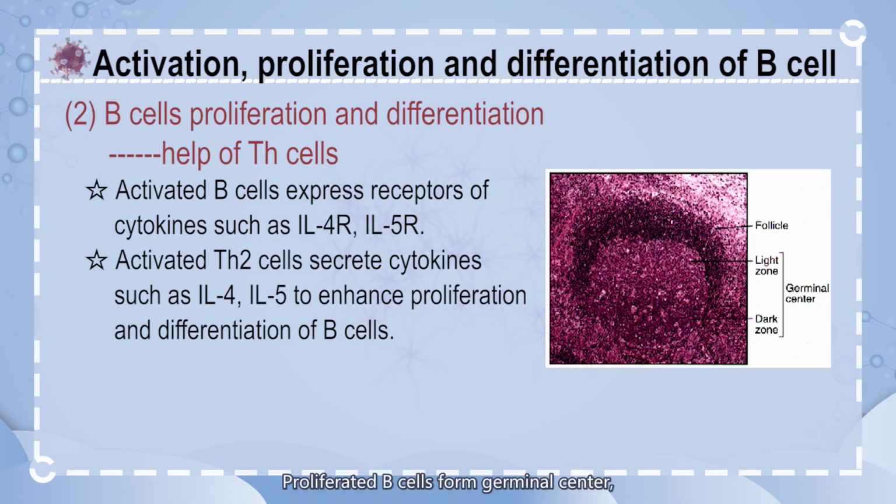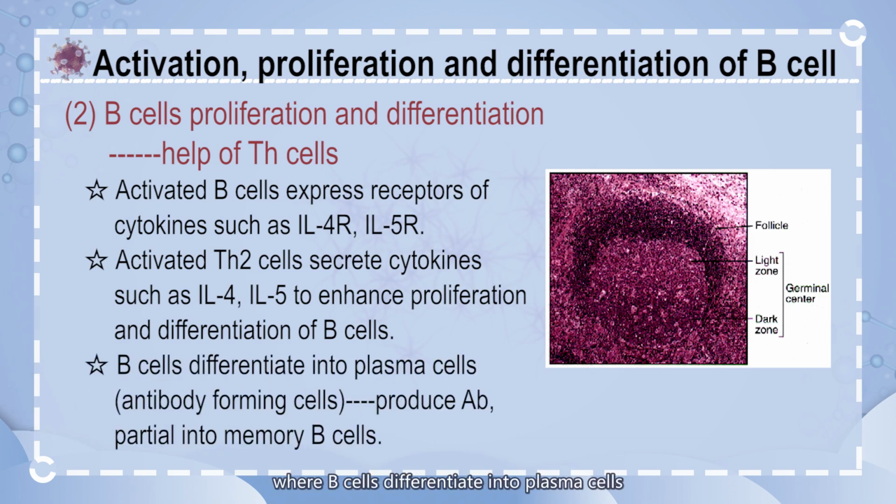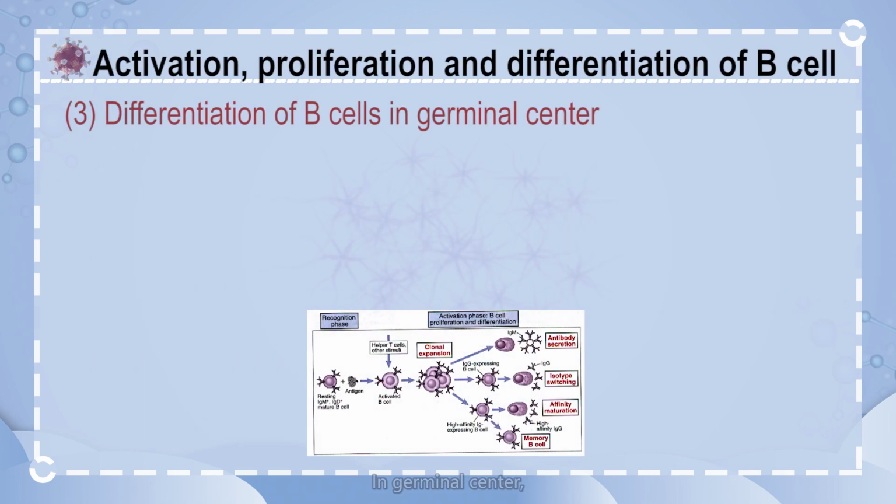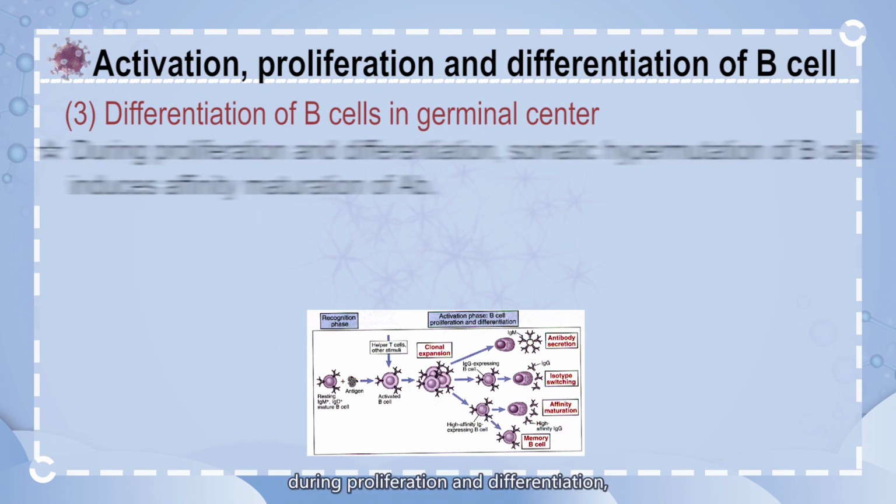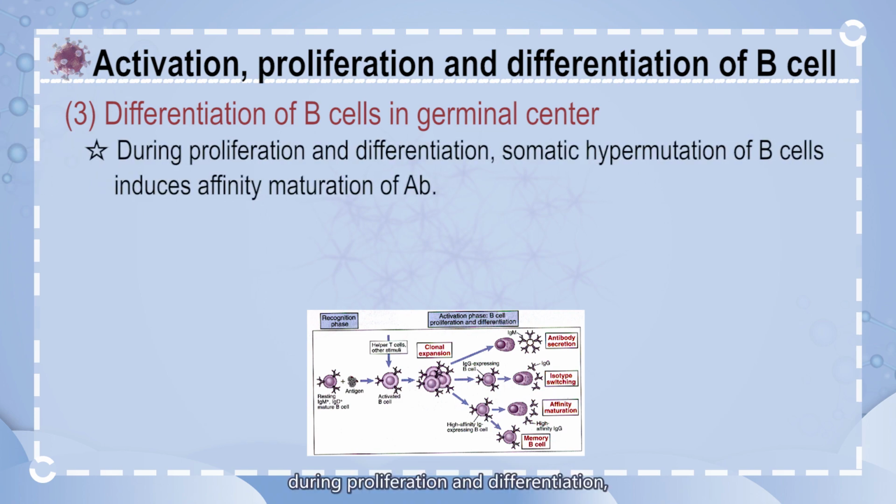Proliferated B cells form germinal center, where B cells differentiate into plasma cells, called antibody-forming cells, to produce antibody, and partially into memory B cells. In germinal center, during proliferation and differentiation, somatic hypermutation of B cells induces affinity maturation of antibody.